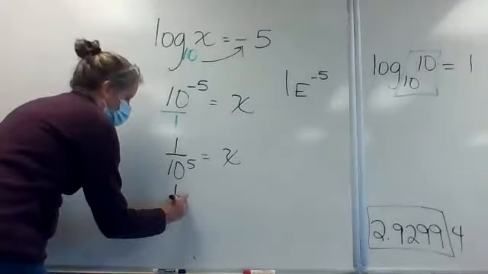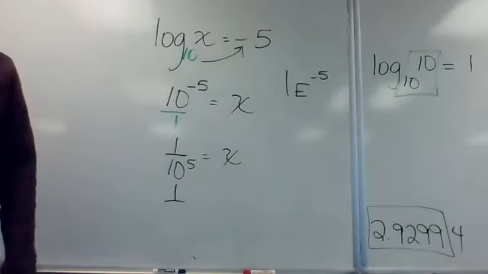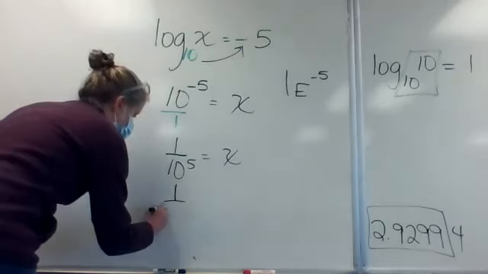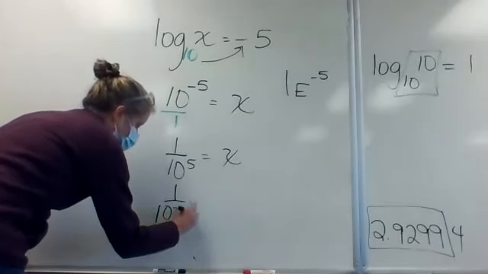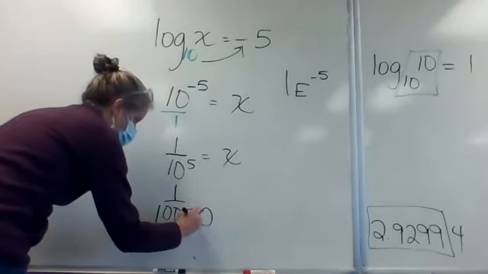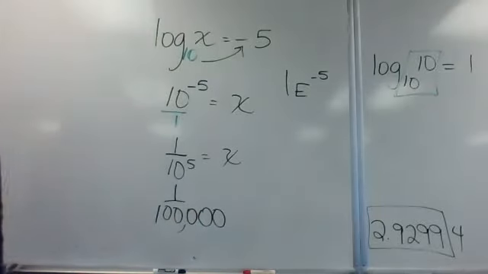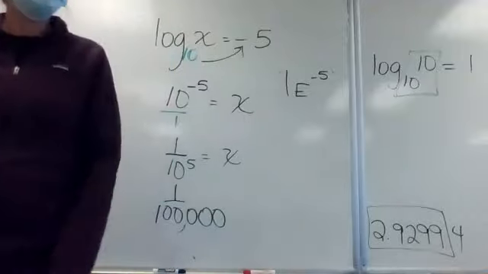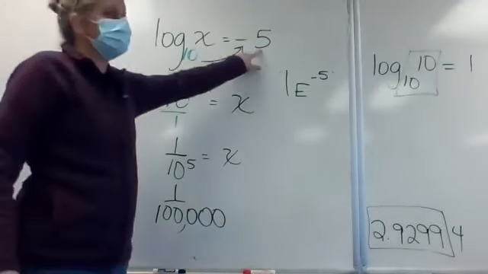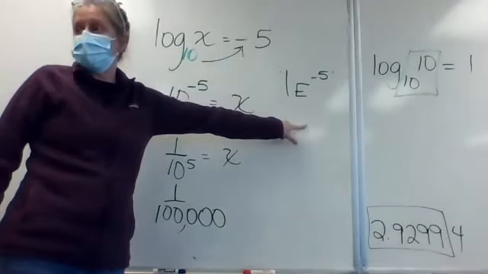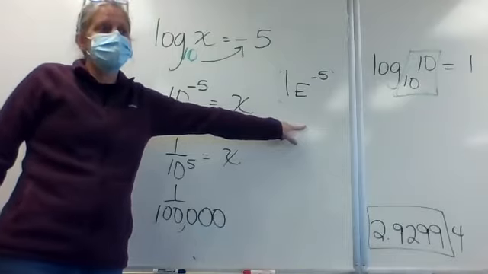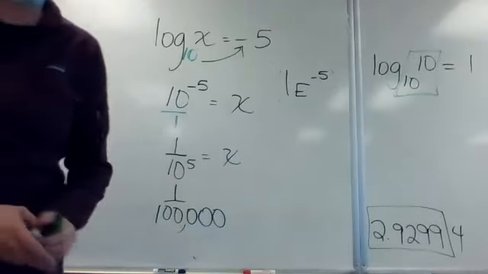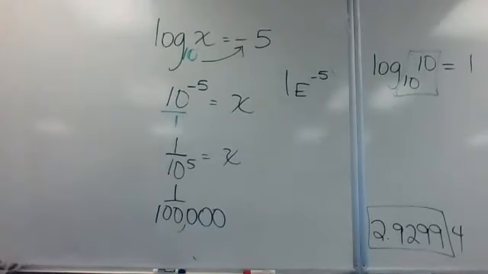Now I can put 10 to the 5th in my calculator, and that gives me 1 over 100,000. So just watch out for that on that problem. If you get an answer where the number is too high, it's going to give you that funky answer. So just change your exponent to positive by putting it in the denominator.